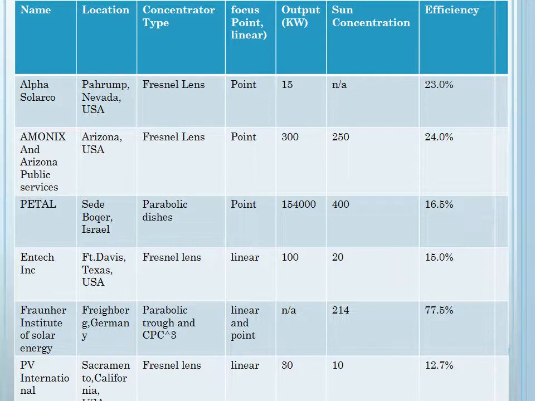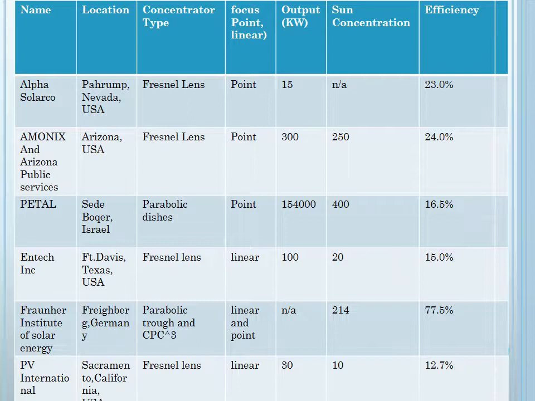Comparatively, the lowest is in California. It's called the PV International, and it uses the Fresnel lens. So as we can see in this table, the types are the Fresnel, the parabolic dish, and the parabolic trough. So mainly all the types are used.